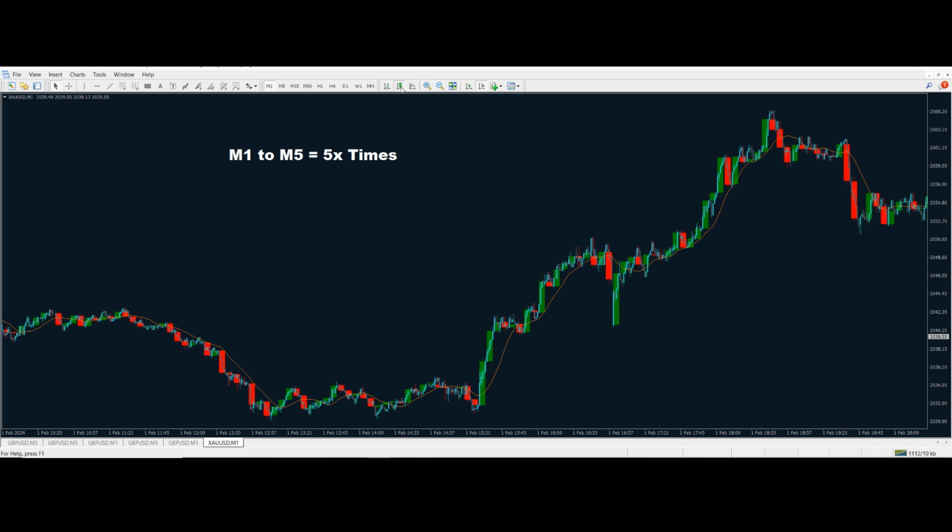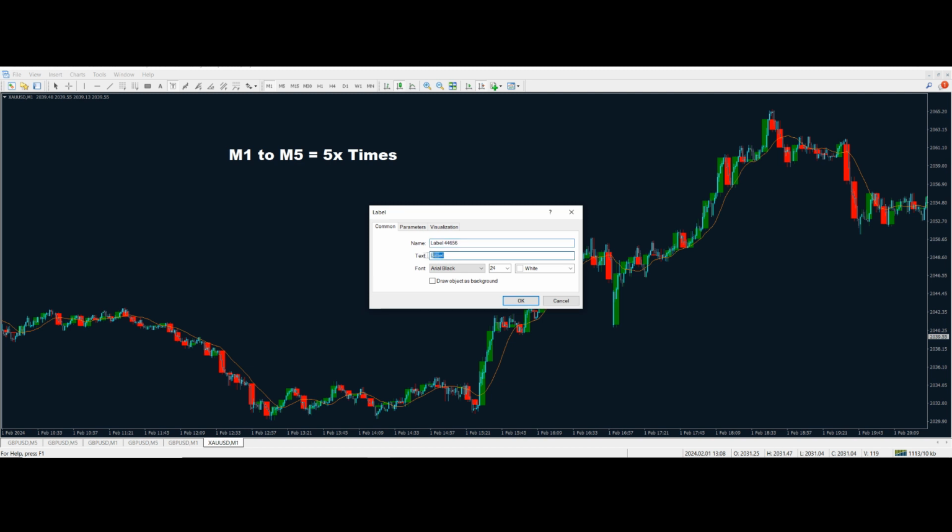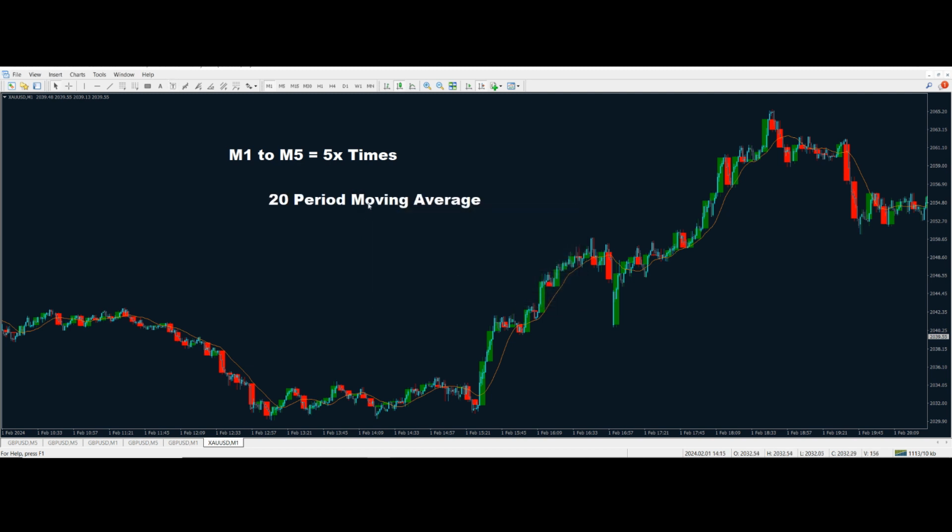This is the 1 minute chart, and this is how a moving average with 20 periods looks. Let me write this down here too: 20 period moving average. Okay, so let's continue.